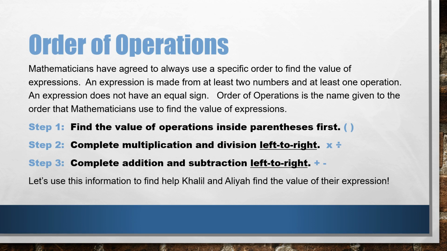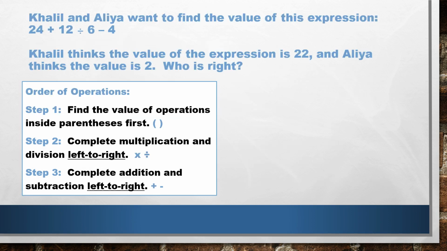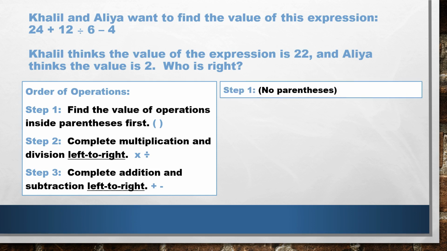Let's use this information to help Khalil and Aaliyah find the value of their expression. Order of operations, Step 1. Find the value of the operations inside the parentheses first. Their expression does not have parentheses, so we can skip Step 1.